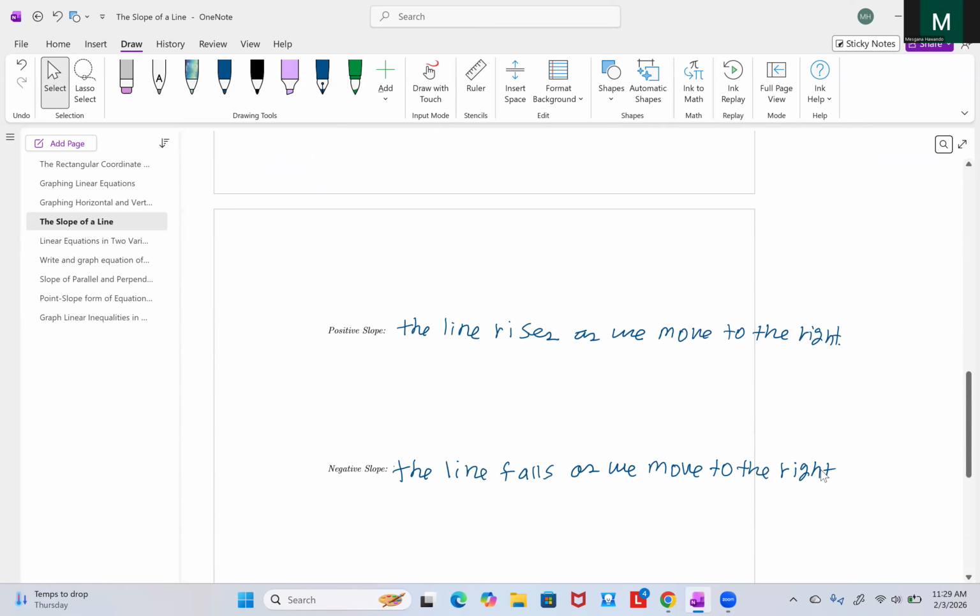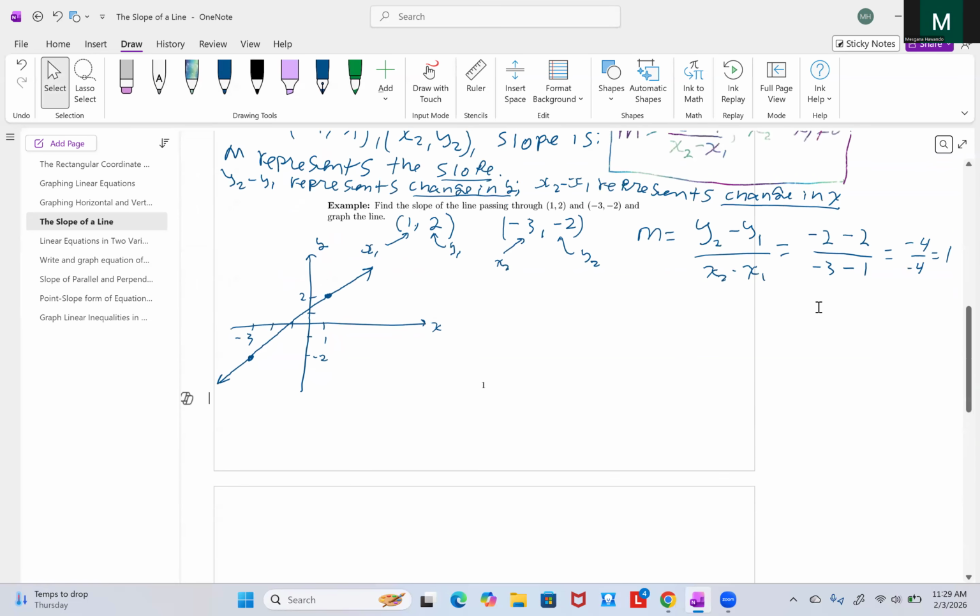When the slope is positive, like we have here, what is the behavior of the line? The behavior of the line is that it rises. As we move to the right on the rectangular coordinate system, the line is rising.